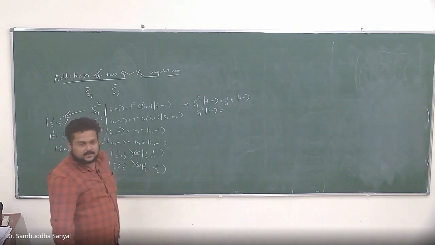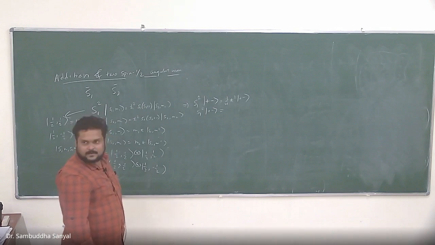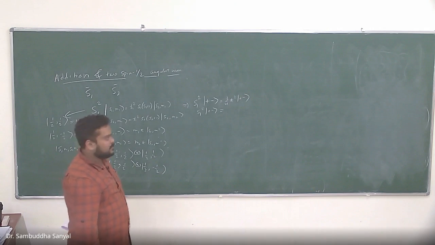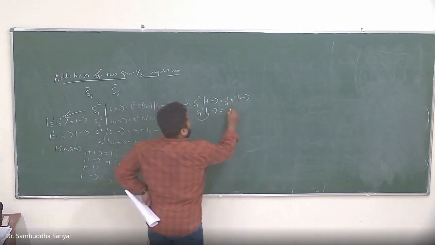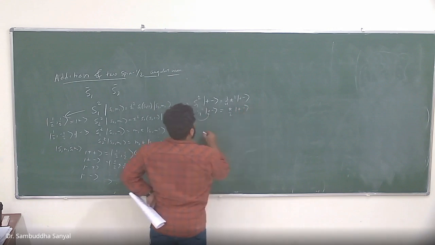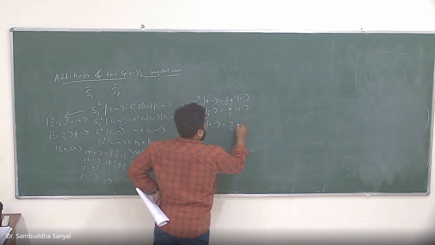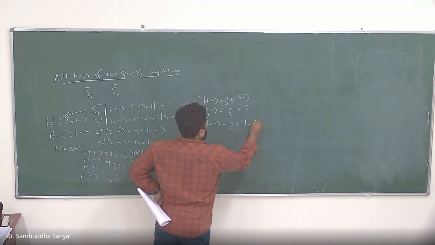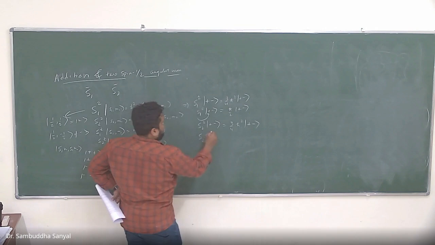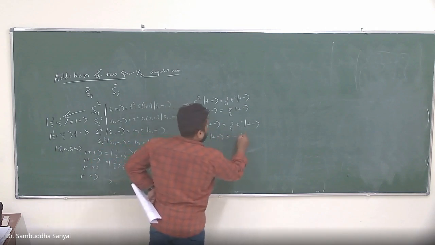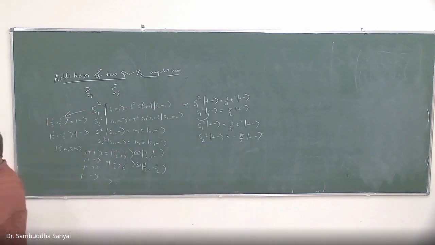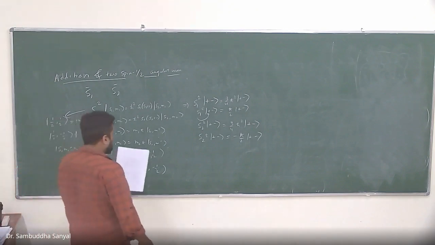No, this acting on this. This one I expect to be minus. Right? So I want to construct my operator in a way such that this is what I get.